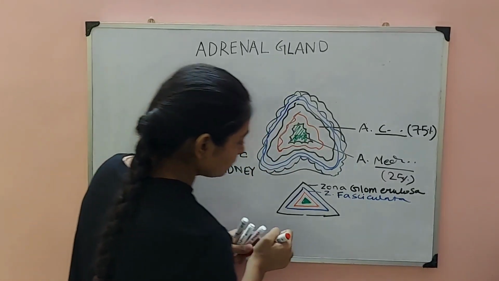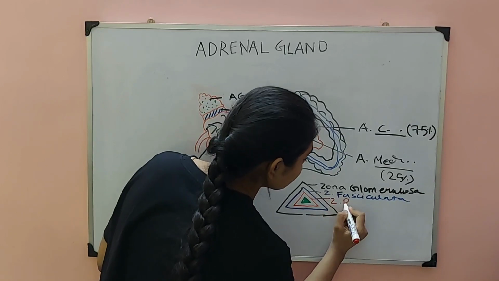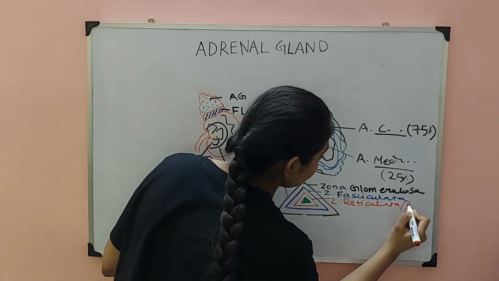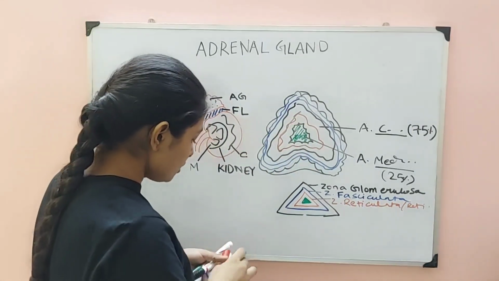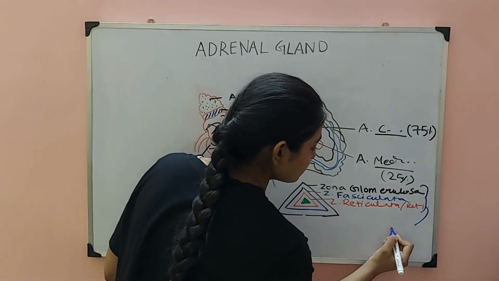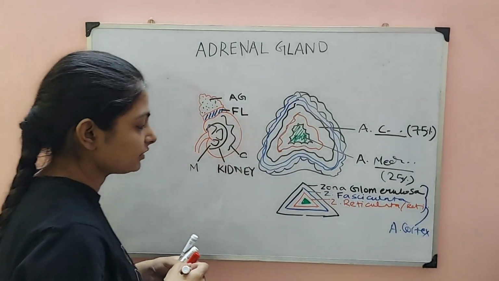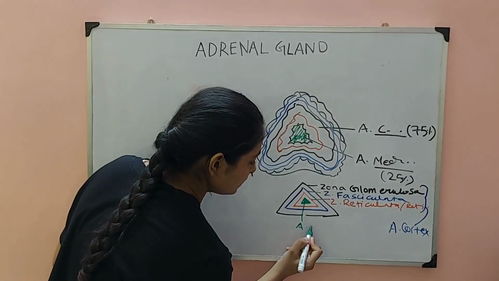The one in red, that is the innermost layer of the adrenal cortex, that's zona reticulata or reticularis, it's just the same. So these 3 layers comprise the adrenal cortex. Alright. Now the inner layer, you know that, green one, that's adrenal medulla.